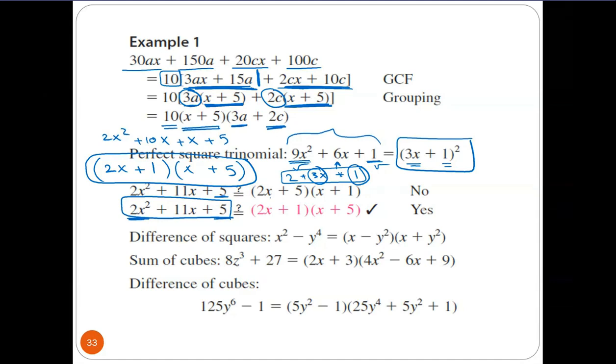Now, difference of squares. Look at this. We have even exponents. When we have even exponents, we can do the difference of squares. So distribute x and y squared, positive, negative, like this.